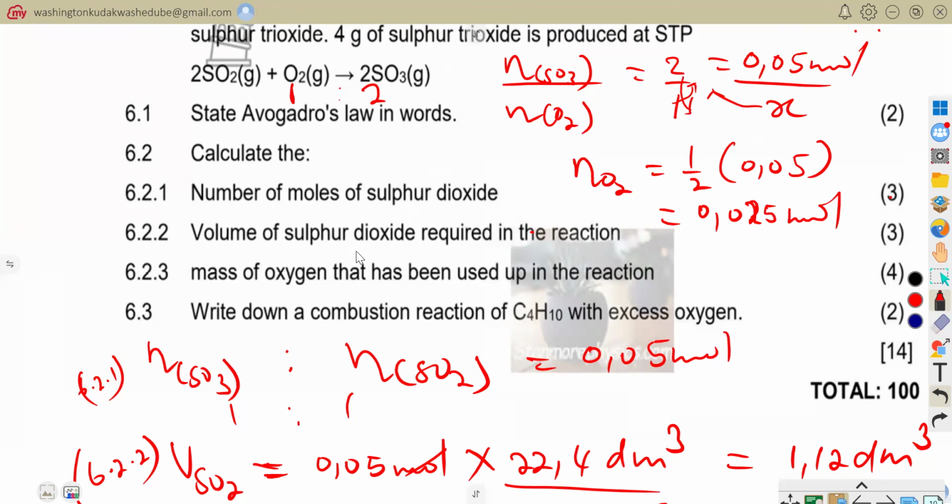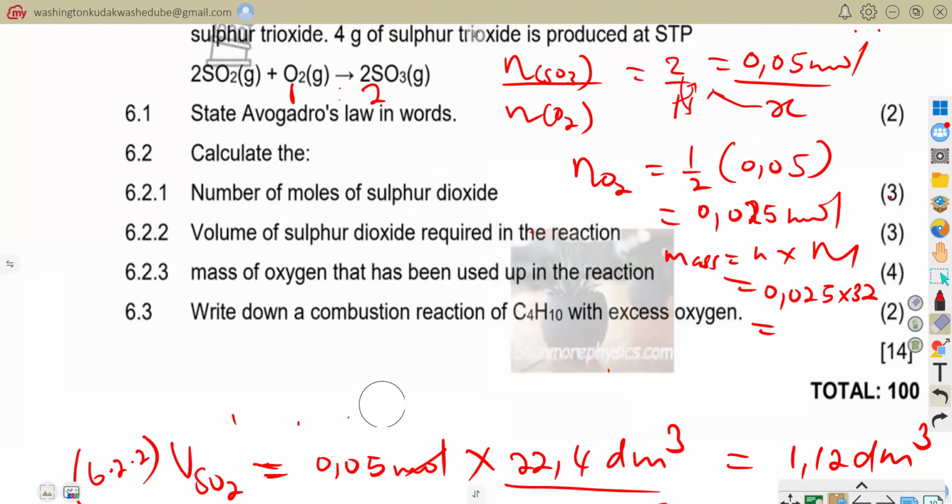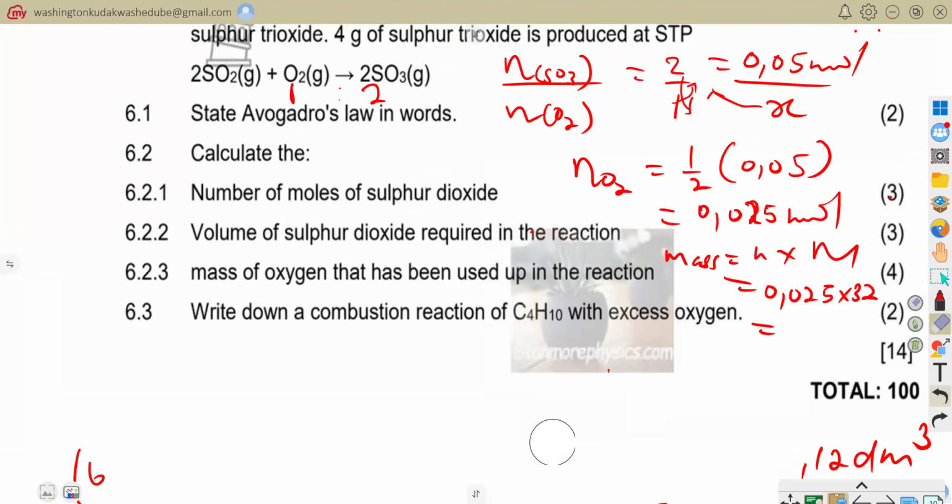And then for us to find the mass, we now need to say mass is equal to number of moles times the molar mass or the atomic mass of oxygen. So the atomic mass of oxygen is 32. So that would be 0.025 times 32 grams per mole.